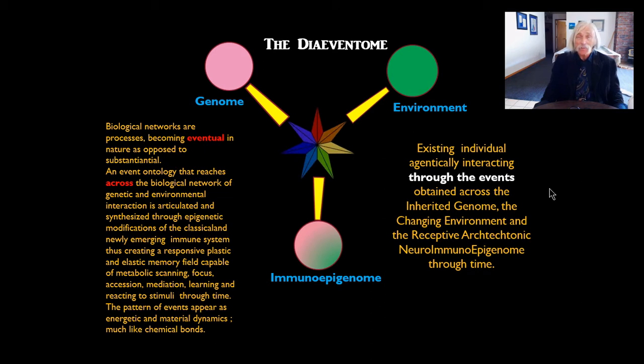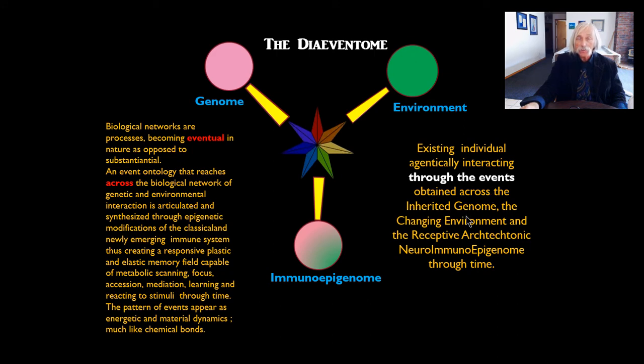And because epigenetics can also be inherited, yes, that's what I said, this may lead to progeny that are predisposed to epigenetic phenomena, and further leading to more pathogenesis and pathologies that we have yet to have encountered as a human system, human race. Okay, so the existing individual agentically interacts through the events obtained across the inherited genome, right?